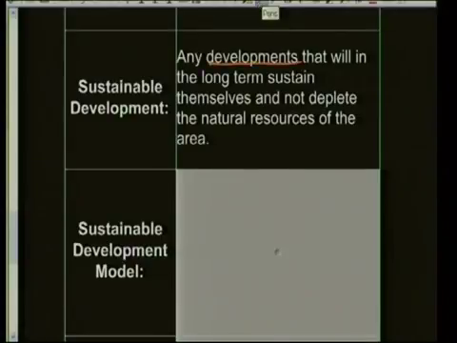The one that we've got today says any development that can sustain itself long term and does not deplete the natural resources of the area. This is the whole concept of sustainable development: all countries need to have development take place, but that development must be in a sustainable manner. So we encourage development, but we're also trying to encourage that this development takes place sustainably.